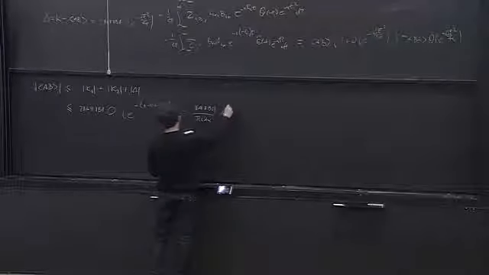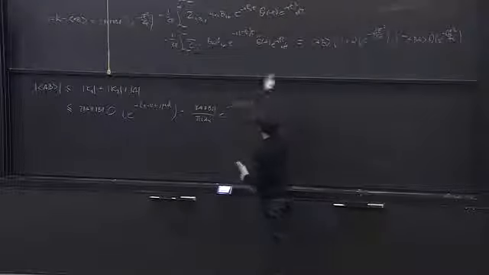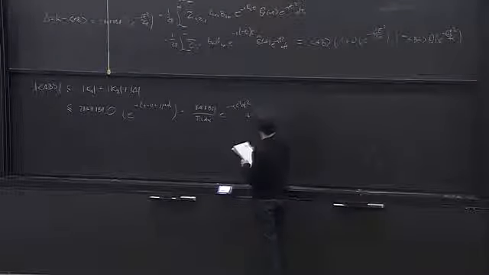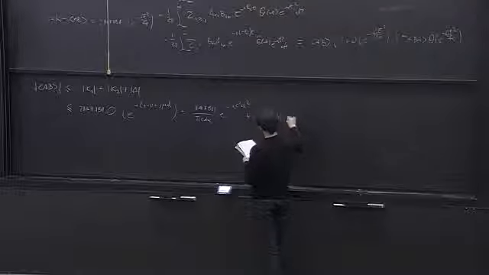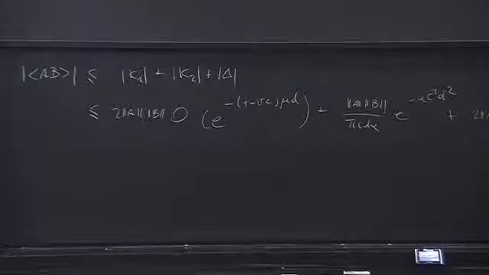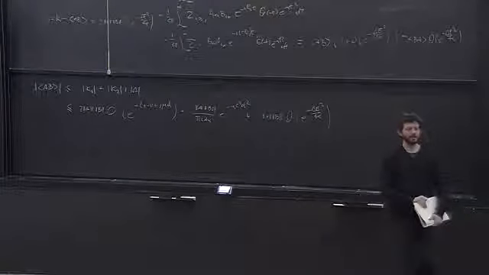And then we have e to the minus alpha c squared d squared. And then finally our bound on the error that we made on delta, that is what we have here, 2AB order, and here we have the gap. Okay, so this is the bound.